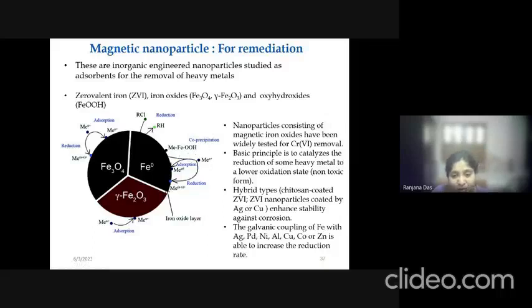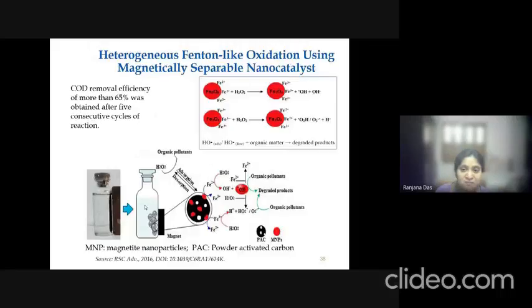They are also used for adsorption. They make the molecules such that the oxidation state is such that they are now getting adsorbed on the substrate, and also the reduction that I have mentioned. So this use of zero valent iron and the different forms of iron, that is magnetite and maghemite, they can also be used as good nanomaterials for water treatment purposes.